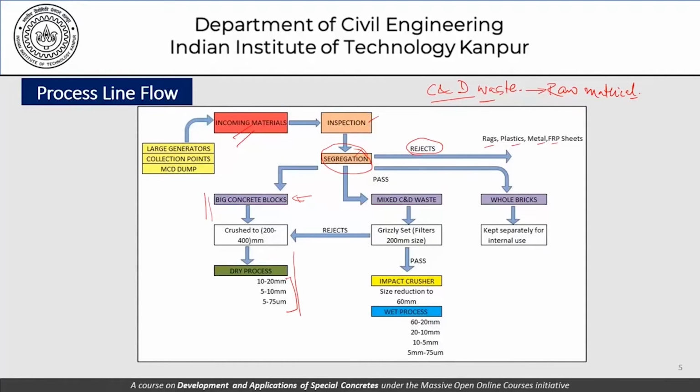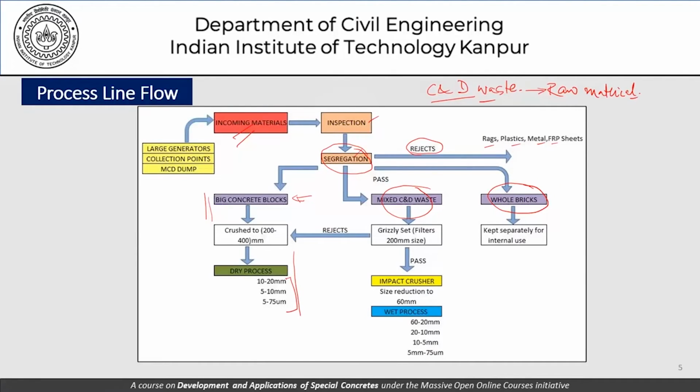Now, apart from these large chunks of concrete, we will have a mixed C&D waste which has to be processed further, and there will be whole bricks, which in Indian context is very important because we use a lot of clay bricks in our construction process, and those clay bricks are definitely a part of the C&D waste.